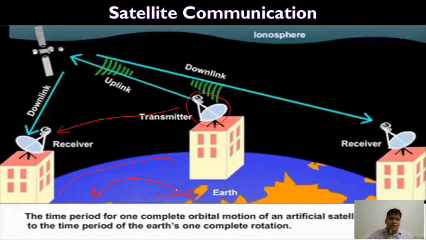And second thing, the distance may be there. Third thing, if we want to broadcast our signal, suppose the satellite is receiving a signal from one point and it is broadcasting to more than one point, meaning more than one receiver is there. That is the broadcasting example. You can consider it as an example of broadcasting.